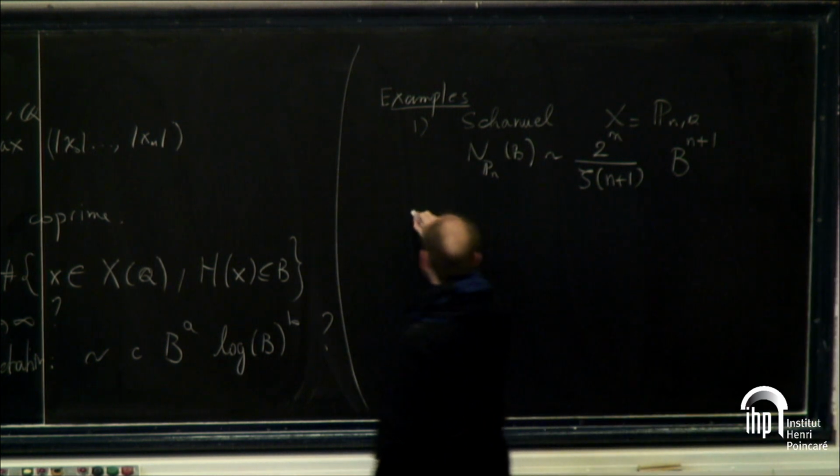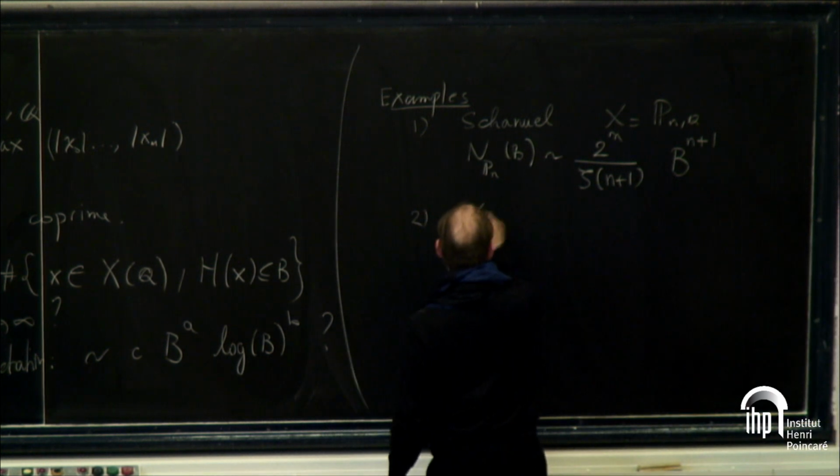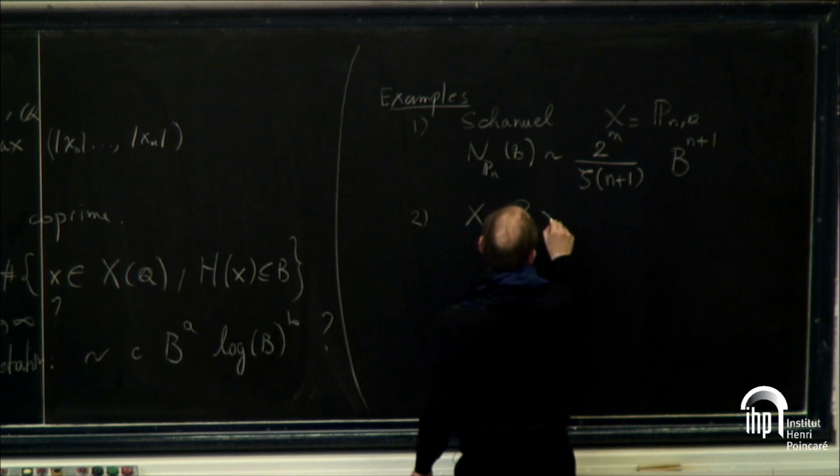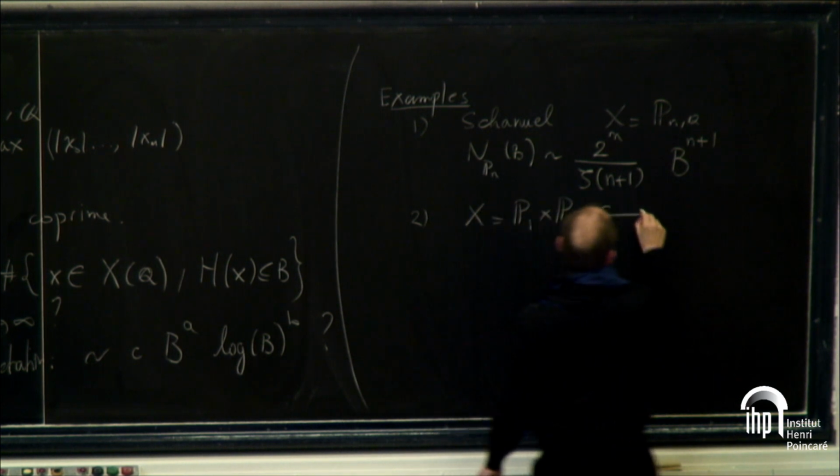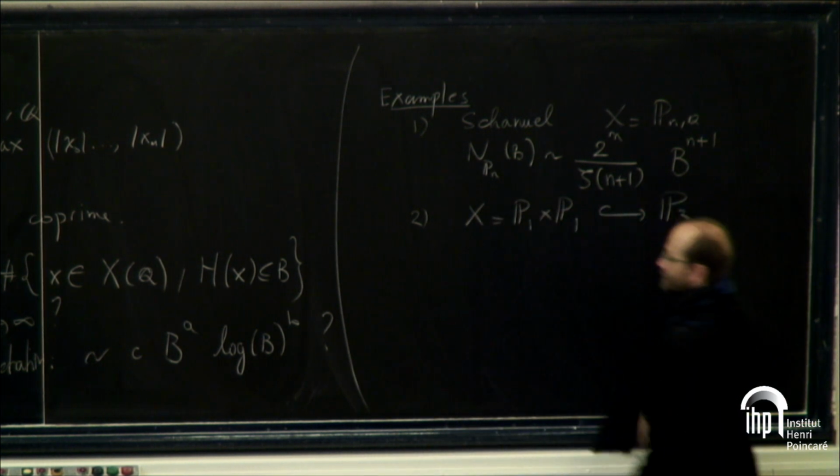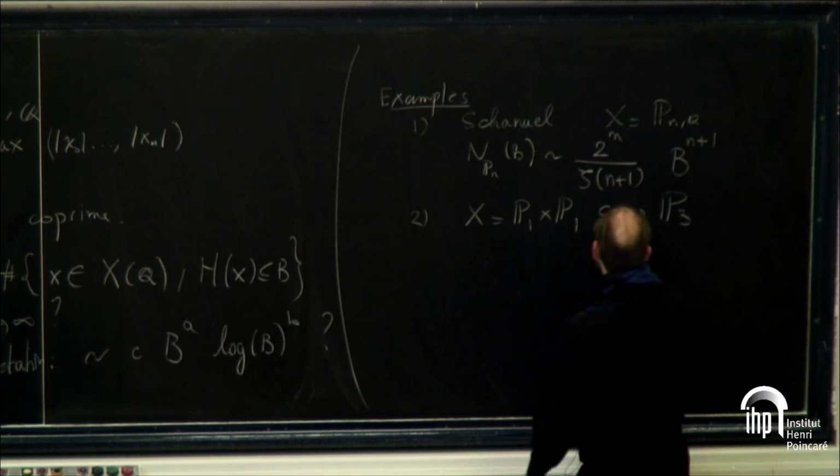The second example will be a product of two projective lines embedded in P^3 via the Segre embedding.